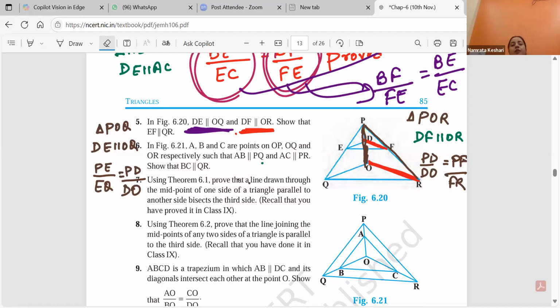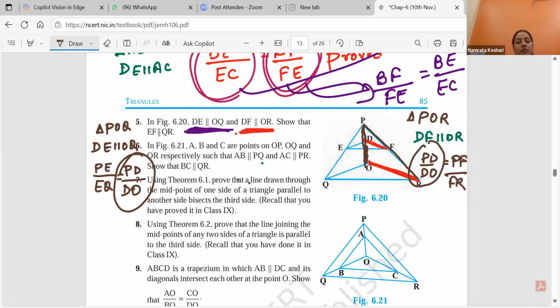So if we have written both the ratios, same thing we are doing in each and every question. We have written both the ratios and from there, what are we getting? So this PD to DQ, this one and this one is already the same. We can do comparison of both the ratios.